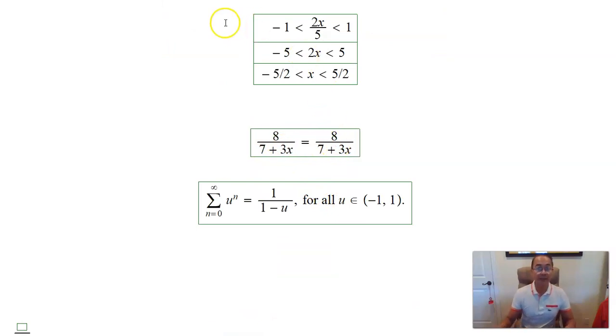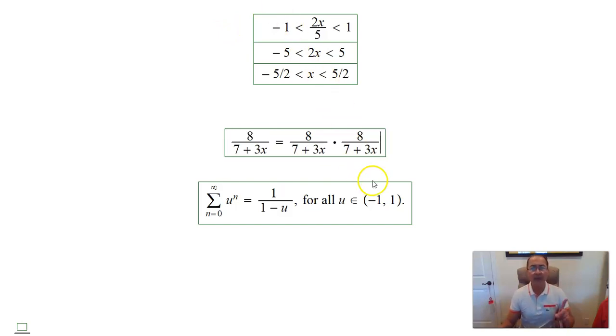So there will be a times in between. Actually, why don't you pause the video right now and then try to do what we just did in the previous step. Pause it now.